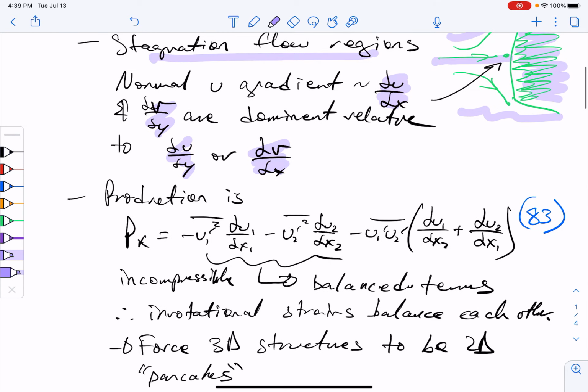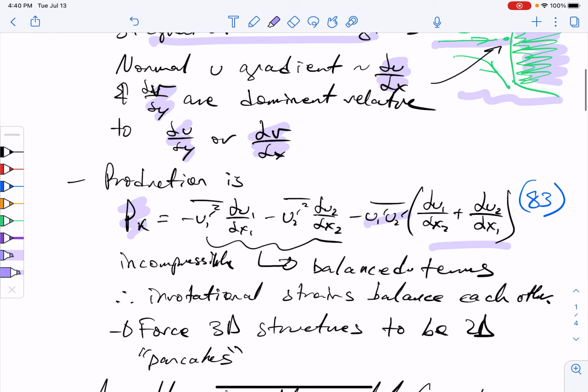If you look at the production type term for these flows, P sub k, you'll see that it goes as negative u1 prime squared bar partial u, partial x, minus u2 prime squared bar partial v, partial y, minus the Reynolds stress off diagonal term u1 u2 prime bar times partial u1 partial x2 plus partial u2 partial x1, which is the strain.